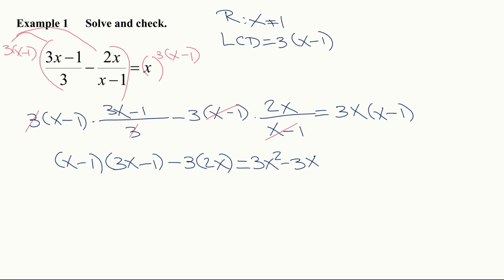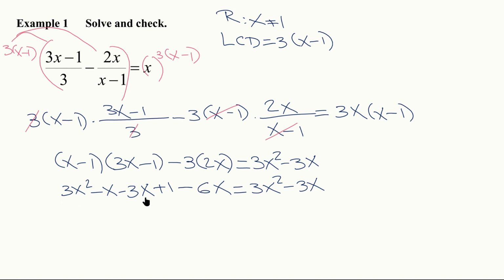On the left side, we'll multiply this out, so we get 3x squared, and then minus x minus 3x, and then the last term will be plus 1, and then we have minus 6x, don't forget that part, equals 3x squared minus 3x.